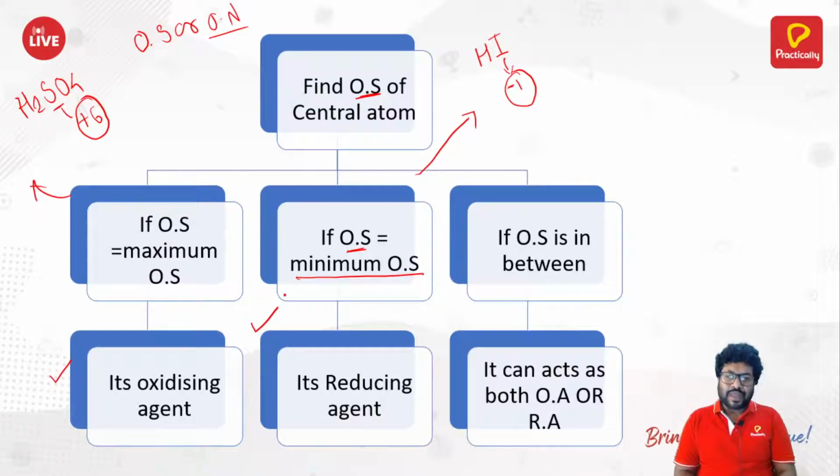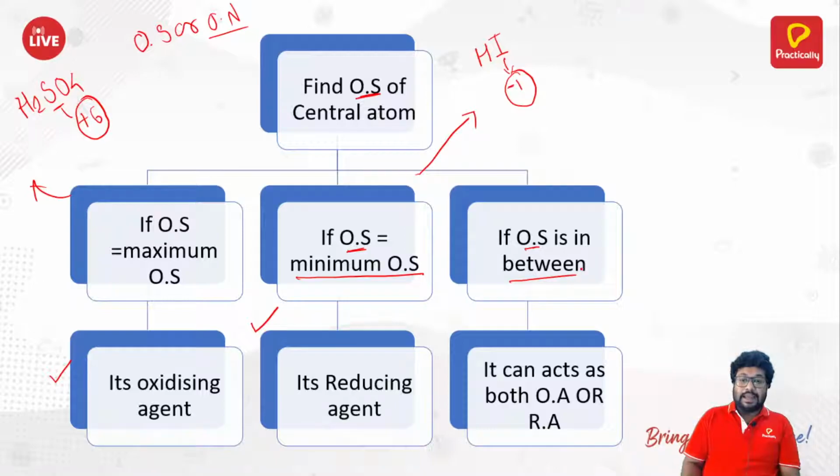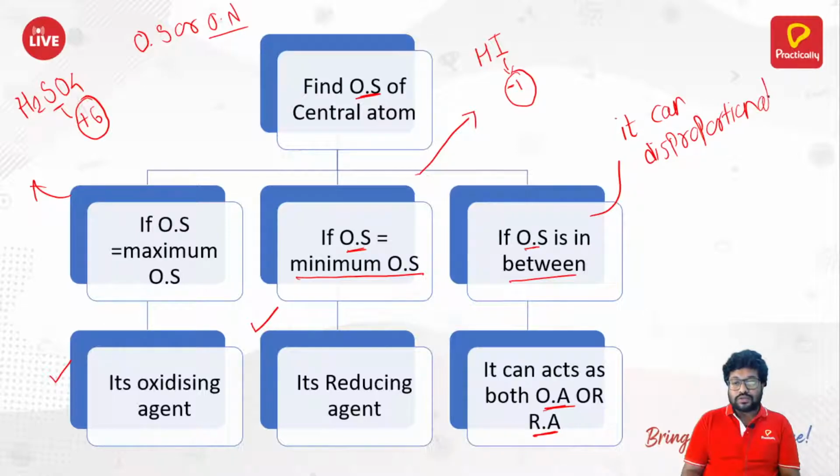And lastly, this point is somewhere in between both these two extremes. If the oxidation state of a central atom is in between, then it can act both as an oxidizing agent as well as a reducing agent, or it can disproportionate also.